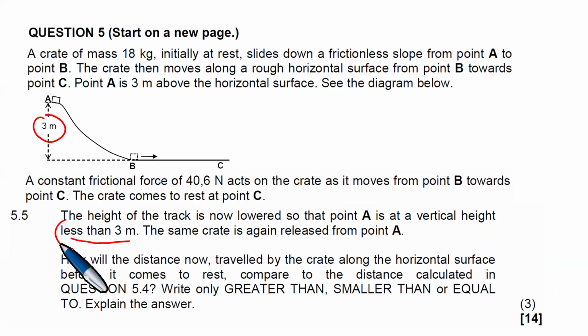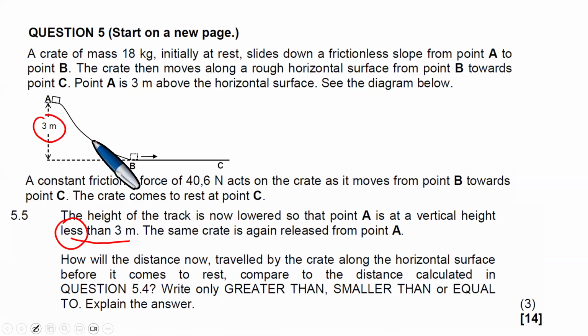The same crate is again released from point A. How will the distance now traveled by the crate along the horizontal surface before it comes to rest compare to the distance calculated in question 5.4? Write only greater than, smaller than, or equal to. Explain your answer. What do we say here?